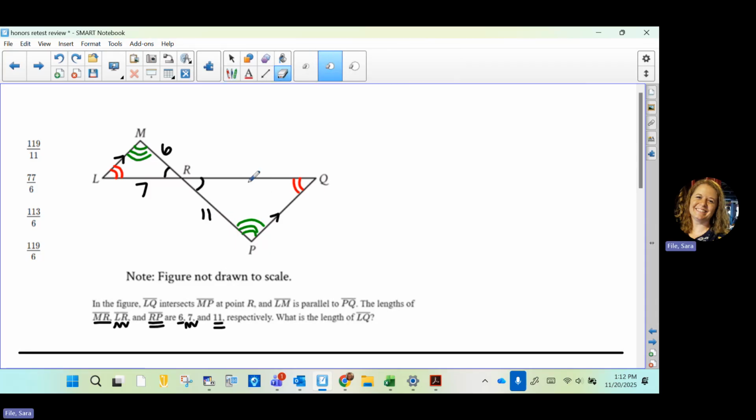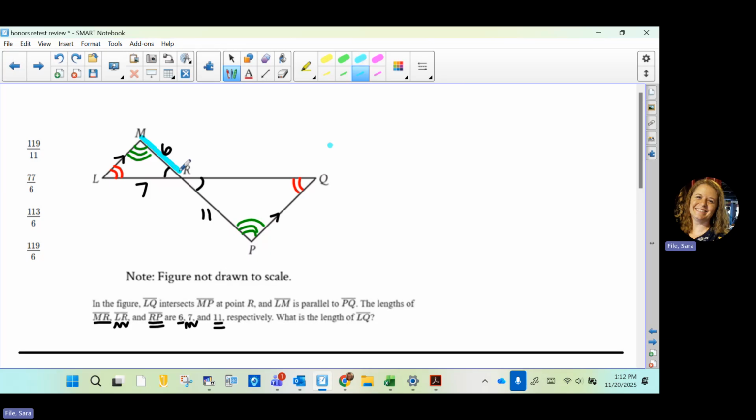So I know they're similar by angle, and they've given me some side lengths. So I know I can use proportions because in similar triangles, corresponding sides are proportional. If it is helpful to you, color code or write the proportionality with segment names. Everybody's different, but for me, I like to color code.